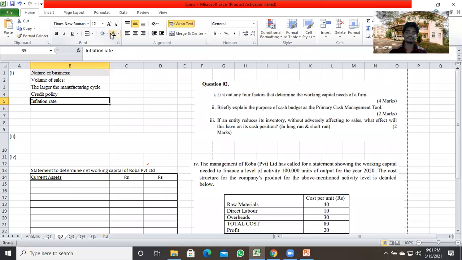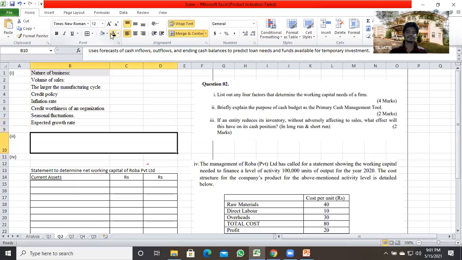Then the inflation rate within the country. Depending on how the inflation rate changes, we may hold raw materials in advance. Those things can happen. These things you can read.